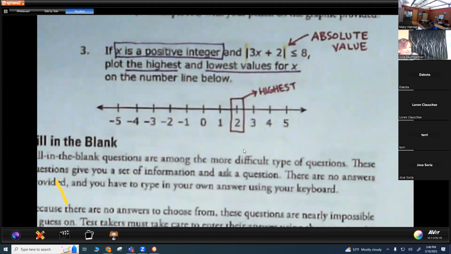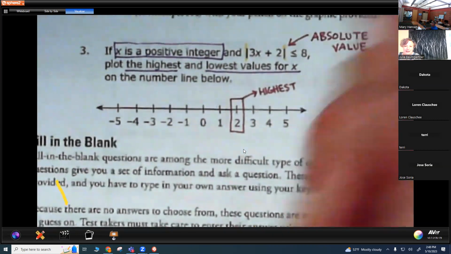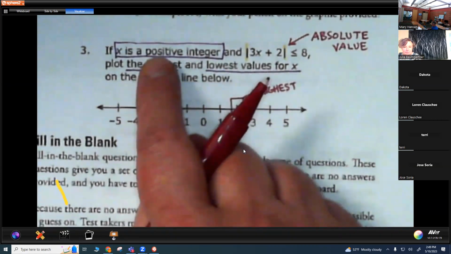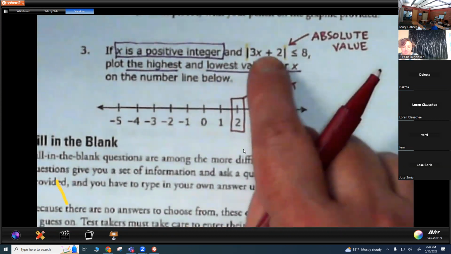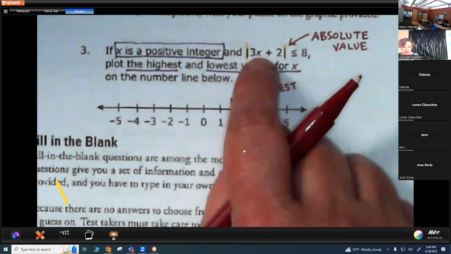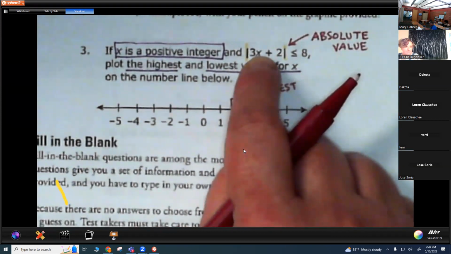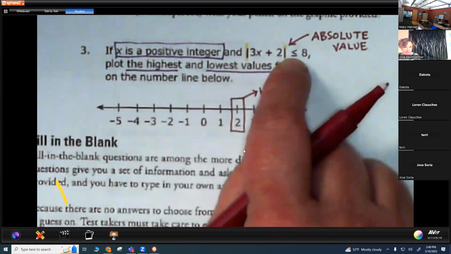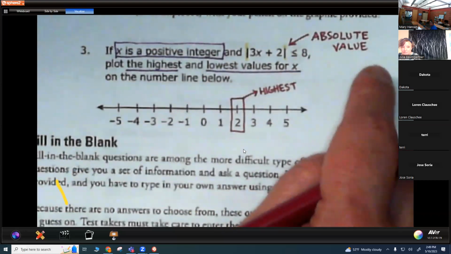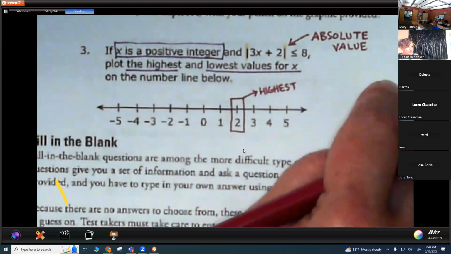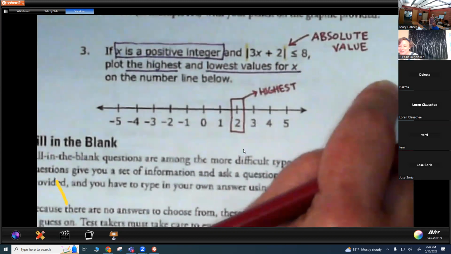So my only question, and maybe Mary, you can help me here, if they're saying this part at the beginning, even though it's inside absolute value, that's saying that the value of X still has to be positive, regardless that it's inside, or not. Oh, sorry, Mary, I didn't realize you were so far away.